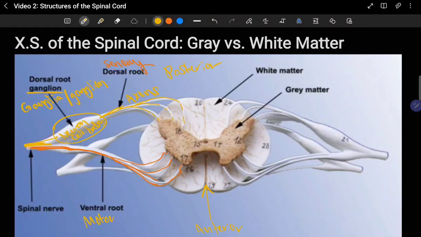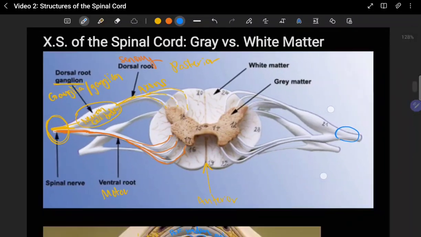And so that's what's going on at the level of the spinal nerve, is we have those two sources or flows of information joining so that we have a functioning spinal nerve. Anytime we have information sending out, we have to have a way to bring it back to that central nervous system. A couple other things we can see. So we have to draw a little bit here. Basically, the spinal cord is this conjunction here.